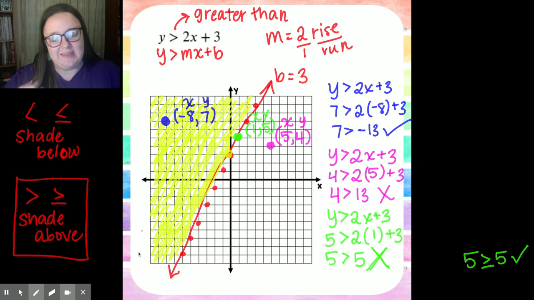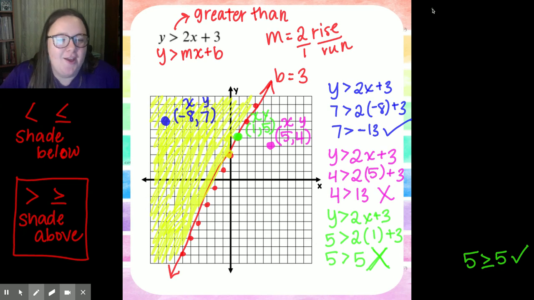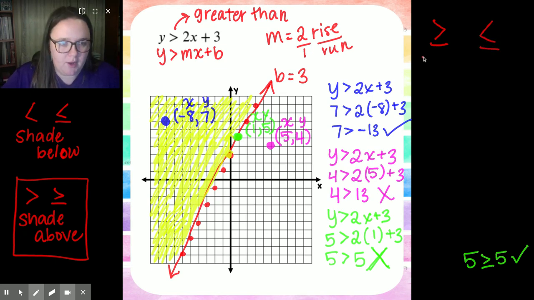So what happens is there's this second rule, right? This second rule says if it is a greater than or equal to, or if it's a less than or equal to, the points on the line work, right? I'm going to write that out.